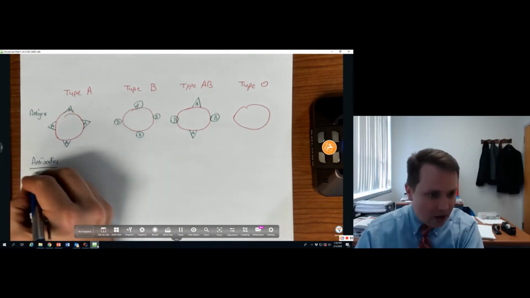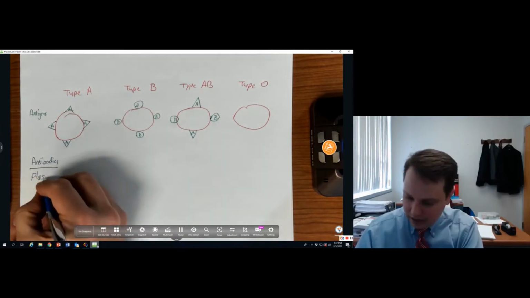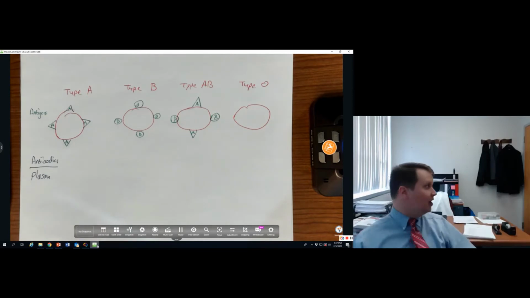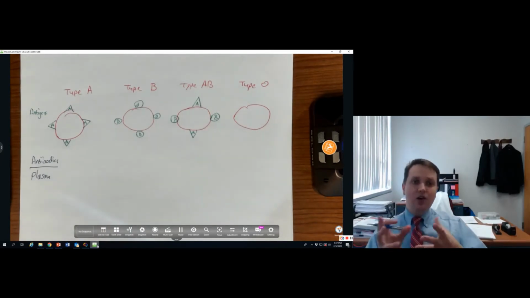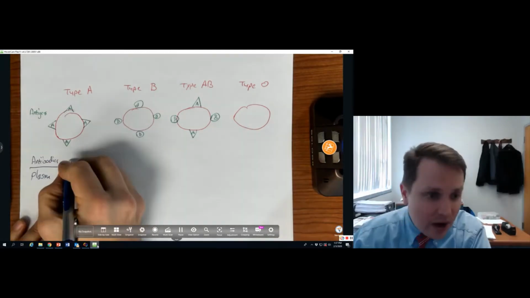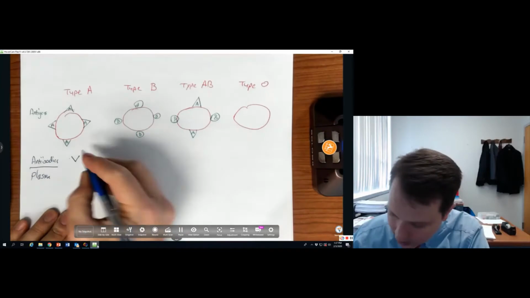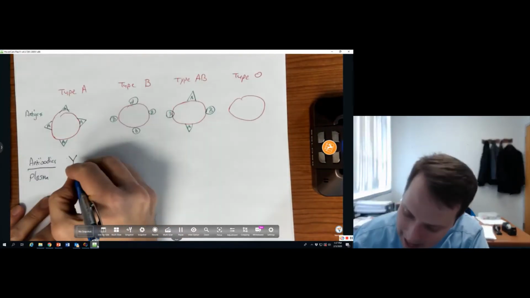So they are found in the plasma of blood. And what we would see is you would not want to have antibodies against your own antigens. So type A would have an antibody present called anti-B antibody.